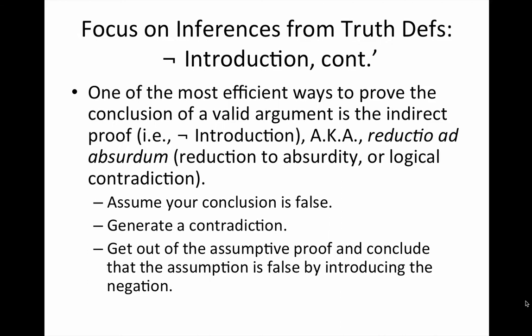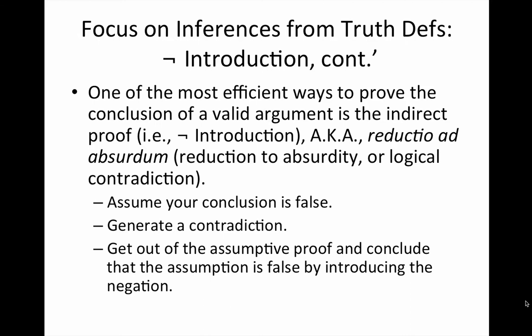So you start a subproof. From that assumption, you generate a contradiction, which then tells you it's time to get out of that subproof and introduce the negation, which is to say, when you introduce the negation, you're effectively saying that that assumption you made is not the case.